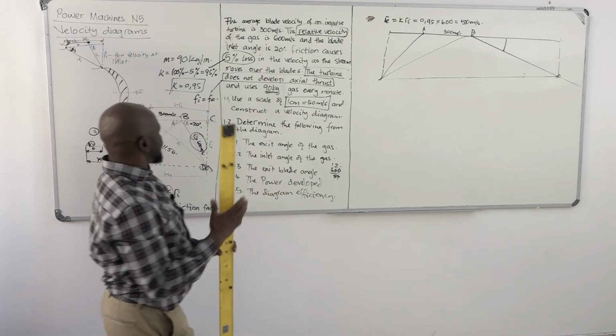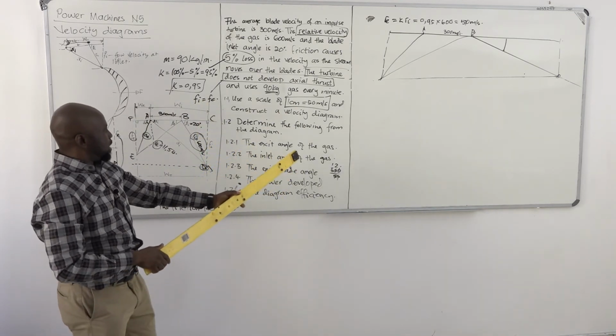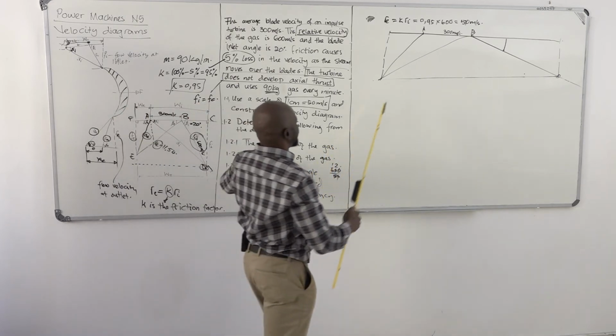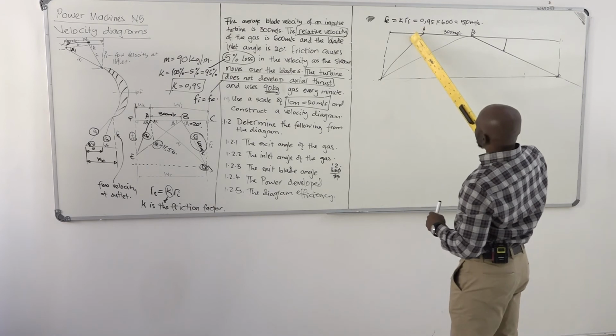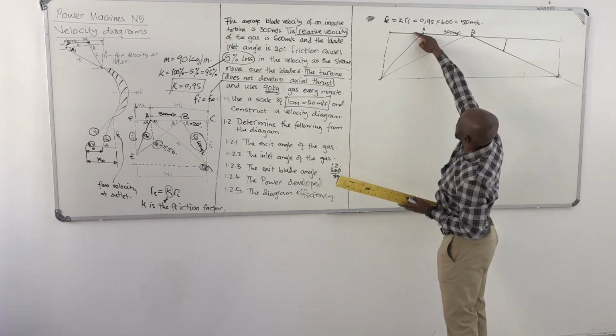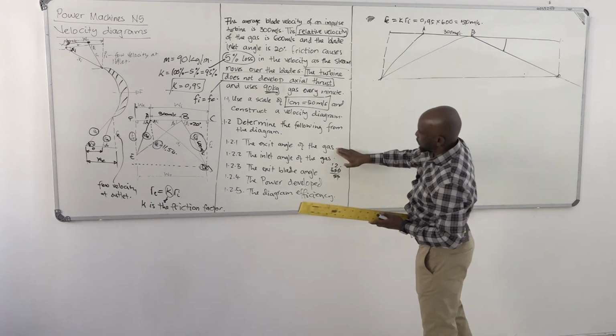So now everything that we are supposed to calculate, the exit angle of the blade or the exit angle of the gas, you are going to actually measure this angle. Measure this angle from here anti-clockwise to get that exit angle of the gas.